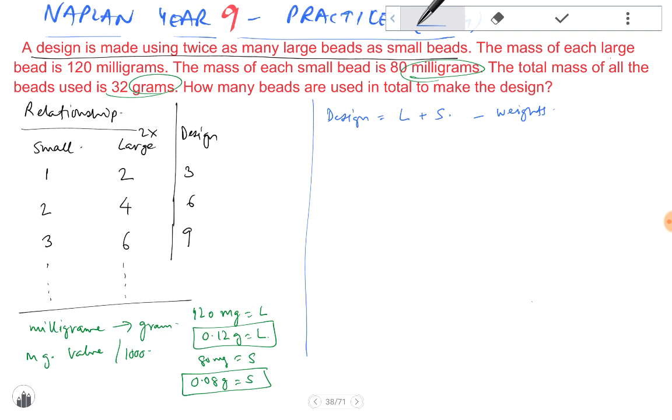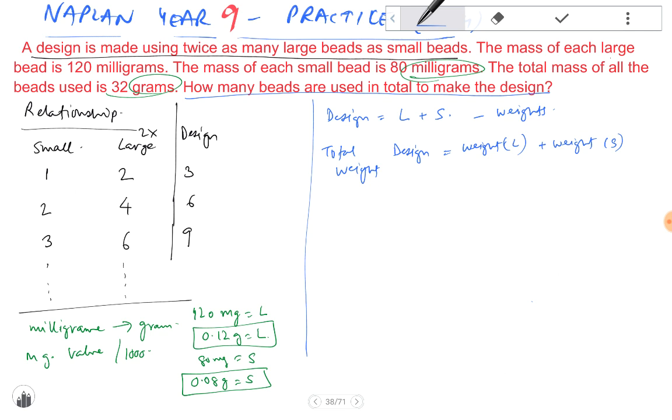So now if we make the assumption that the total weight of the design would be comprised of the total weight of the large beads plus the total weight of the small beads. This would justify what they're trying to say in the last part of the question.